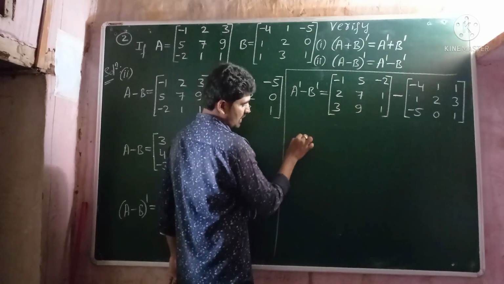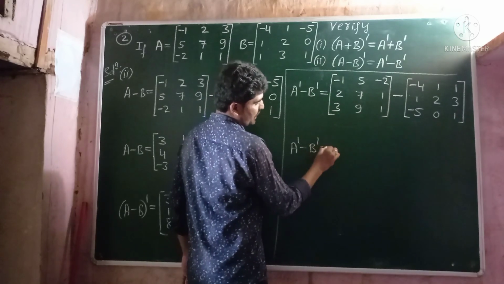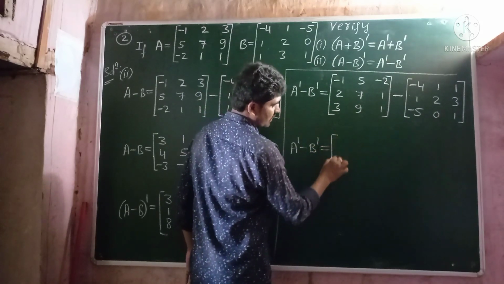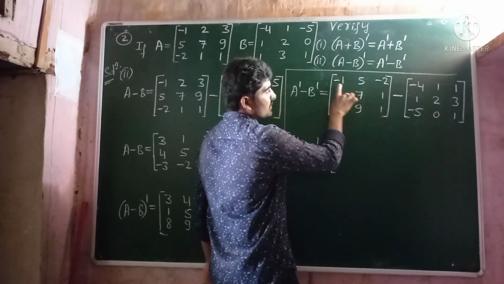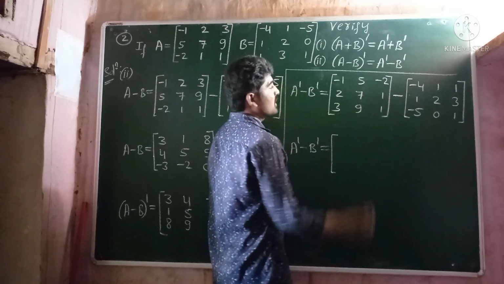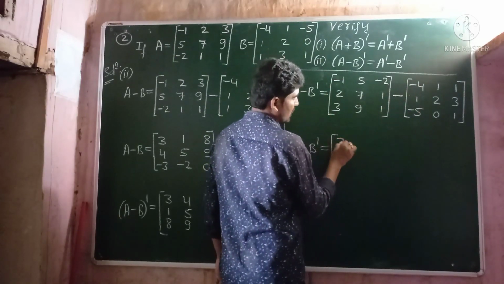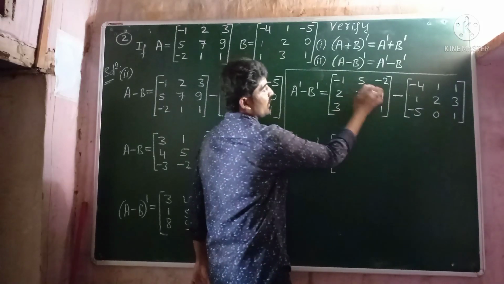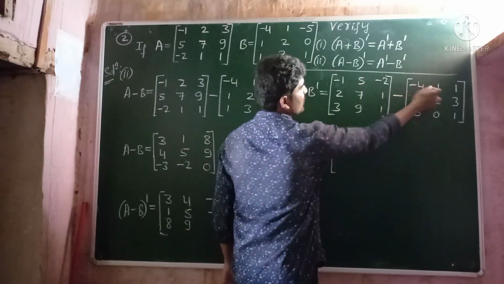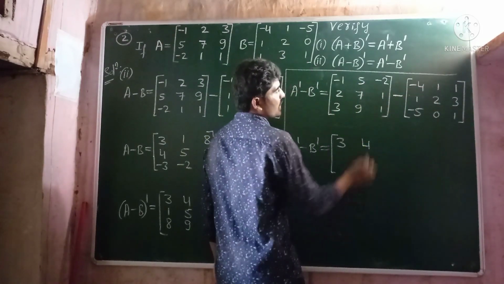Therefore, A dash minus B dash is equals to minus 1 minus into minus plus. So minus 1 plus 4 is 3. 5 minus 1 is 4.